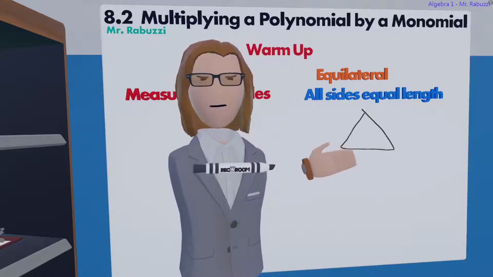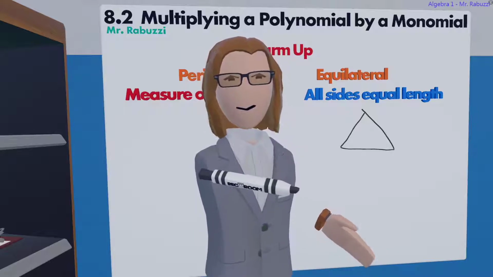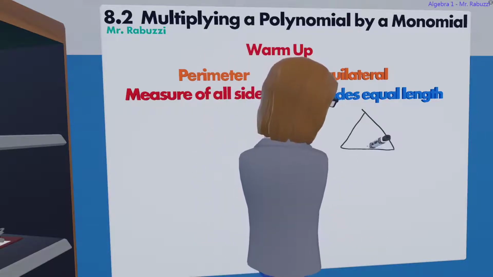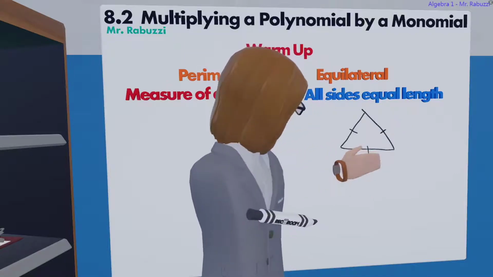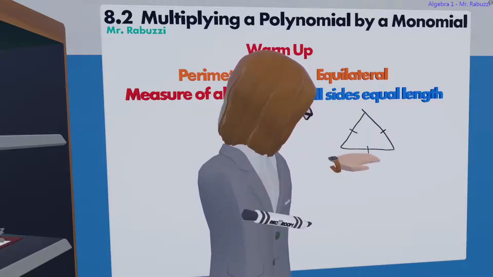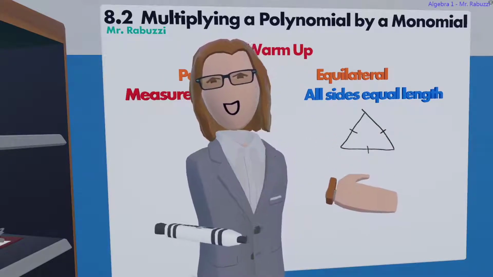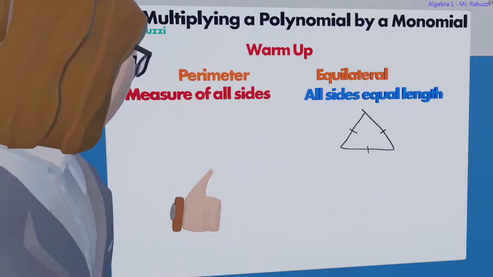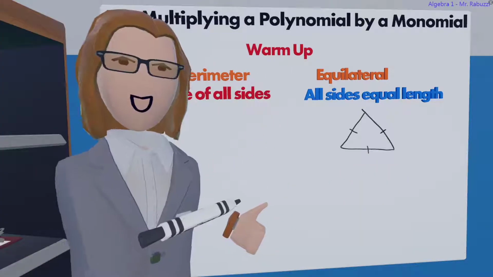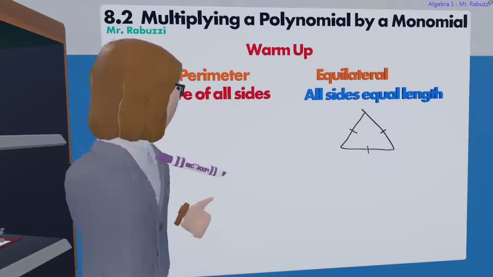So this triangle is equilateral, and I can mark that by writing these tick marks. One here, and one here. So those, you see those in geometry a lot, and that means all the sides that have the same mark have the same size. So that's how we know this is equilateral, even though my drawing's not perfect. It's beautiful though.